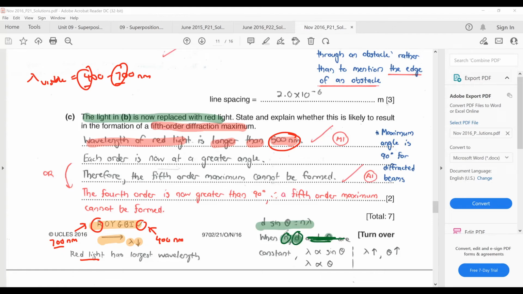The n I say is constant because, let's just say you're comparing the same order number, say maybe the first order. Each order is now at a greater angle. What it means here is that for the same order number, the angle is greater.